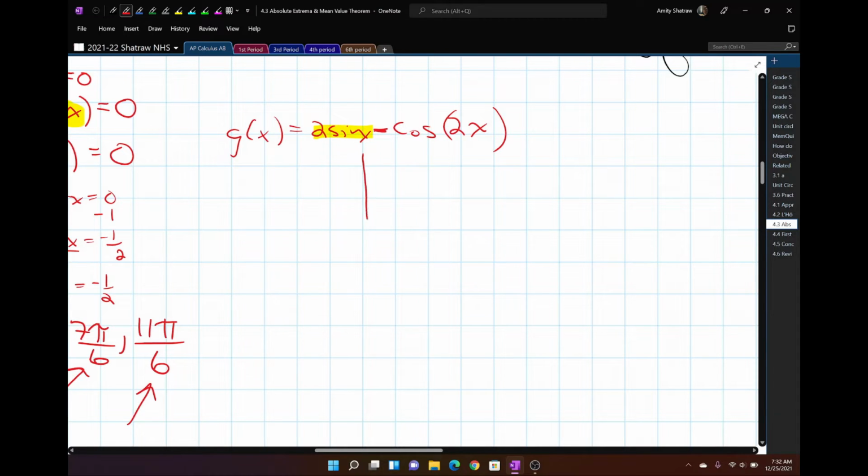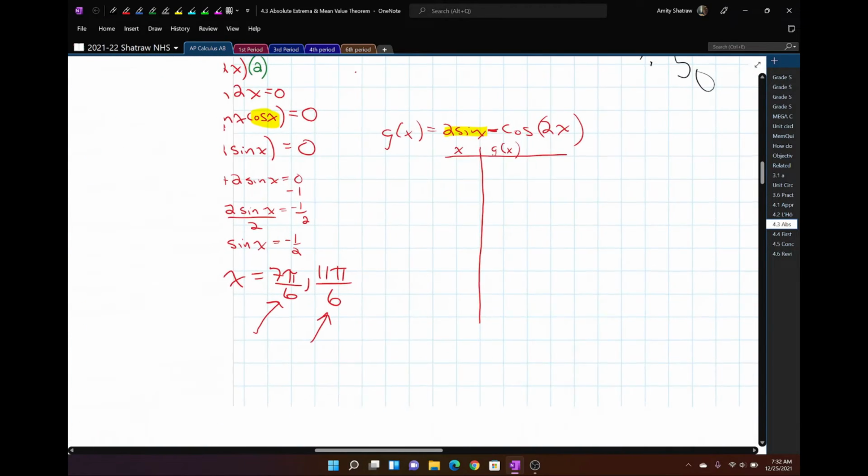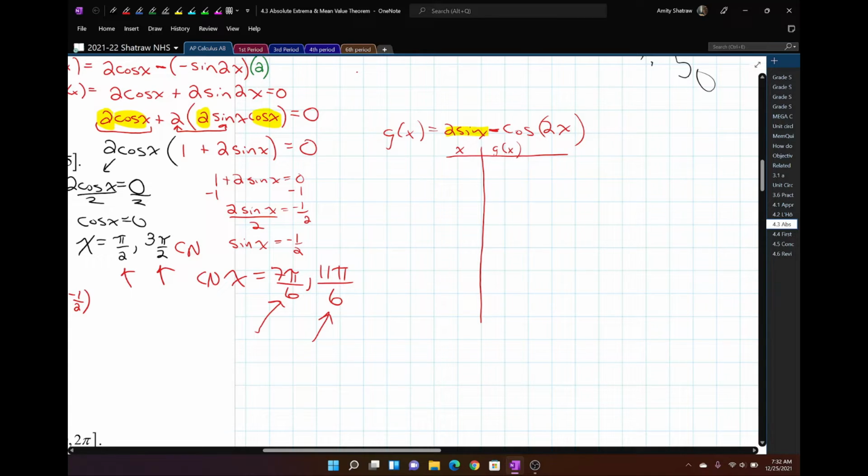So x, g of x, I have all these critical numbers I want to work with. For example, the beginning of the interval, the end of the interval, and everything in between.